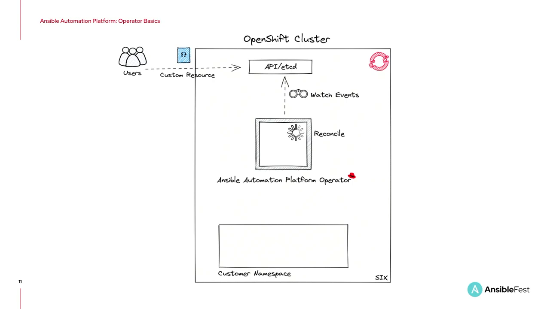As soon as a customer or a user requests a new automation controller, he can upload the custom resource to etcd, and this operator realizes that and bootstraps your automation controller as well as the Postgres database in your namespace. So with this schema, we covered the installation of a new AAP or automation controller instance.